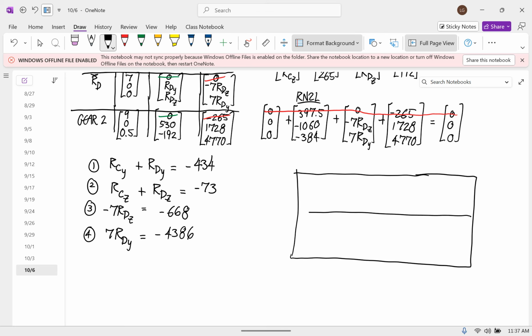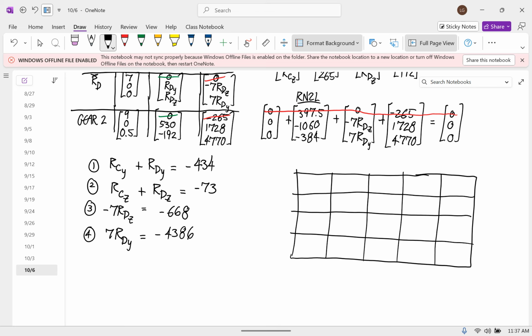Okay, so we have 4 equations for 4 variables. These are our 4 equations. Our variables, let's go RCY, RCZ, RDY, RDZ, and the constants. So the first equation, RCYs, we have 1. RDYs, we have 1.